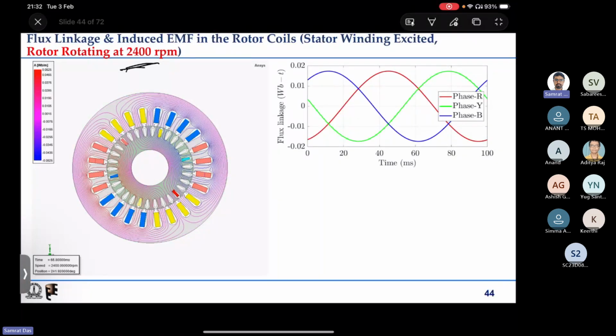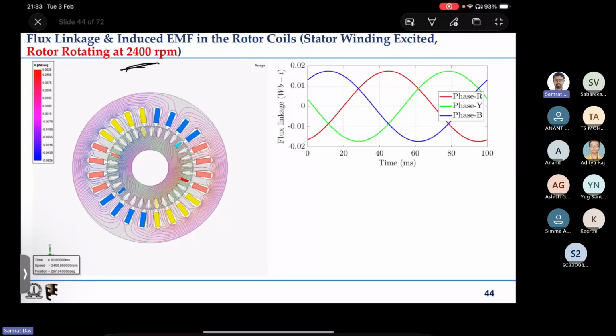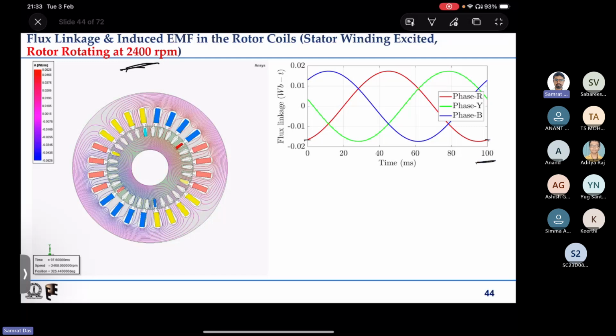If I bring those things, then we have three coils on the rotor, and we can see that it is still a sinusoidal AC quantity, but the frequency you can see has reduced. Now one cycle is getting completed in 100 millisecond. Why 100 millisecond?